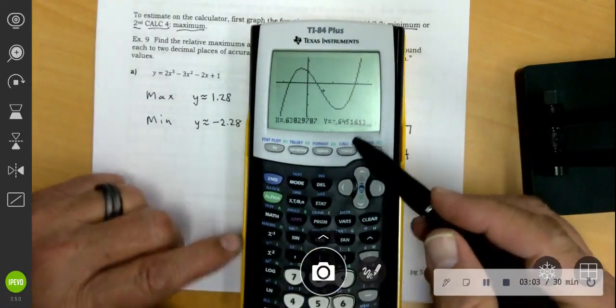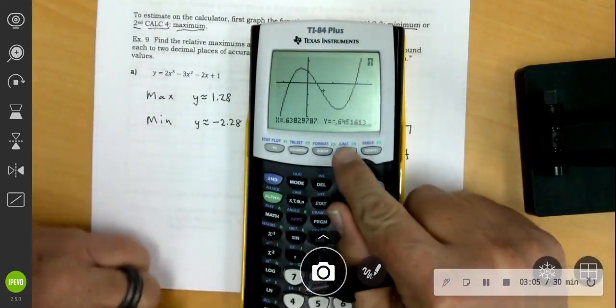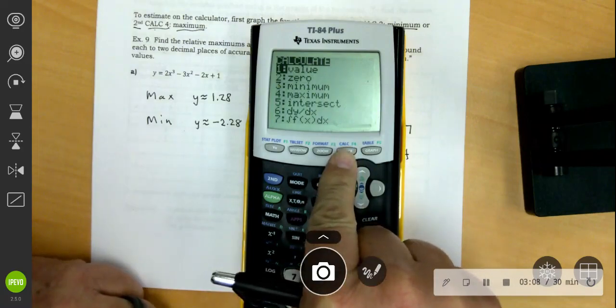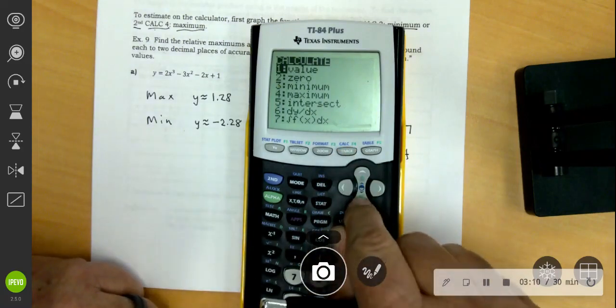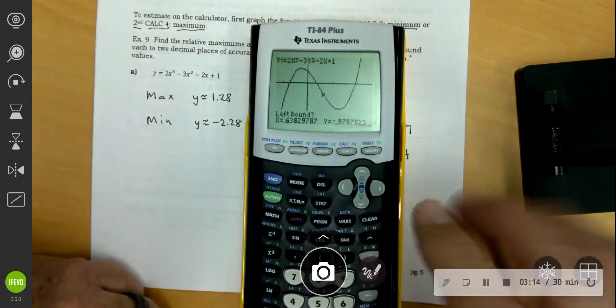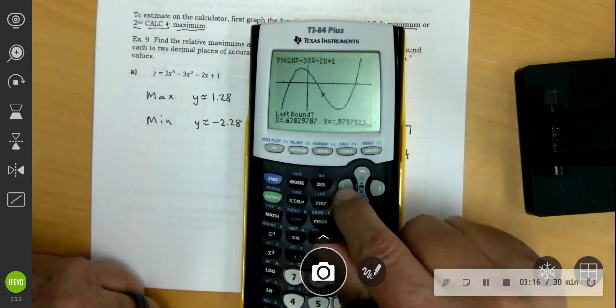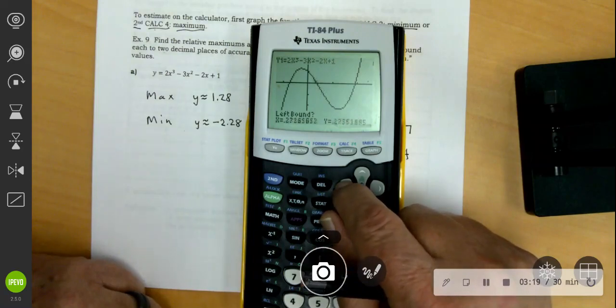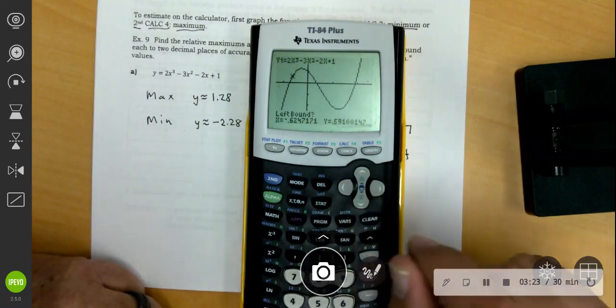All right, you find these with a second key and the calculate menu, which is above the trace key. And we're looking for a hilltop, so we'll choose maximum, which is 4. And it wants you to go to the left bound. So use your cursor and move over to the left-hand side of that hilltop, somewhere in there. Okay?